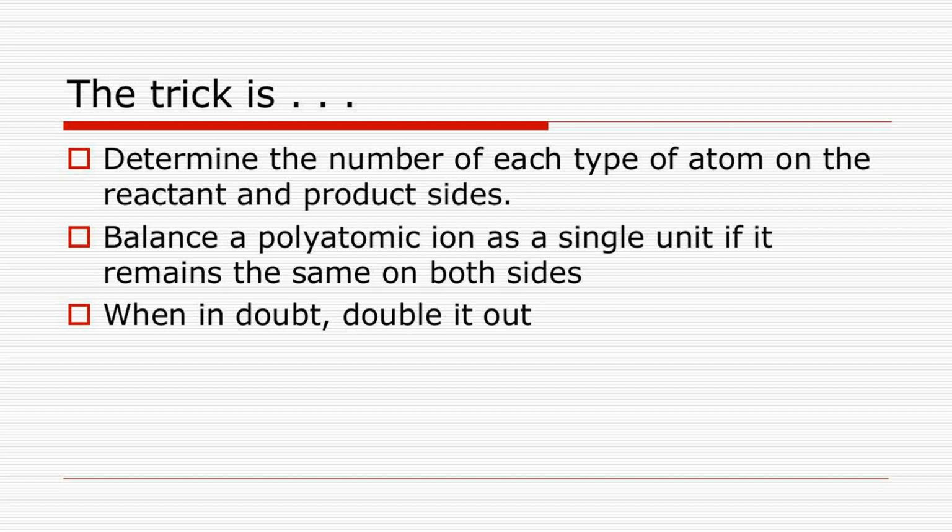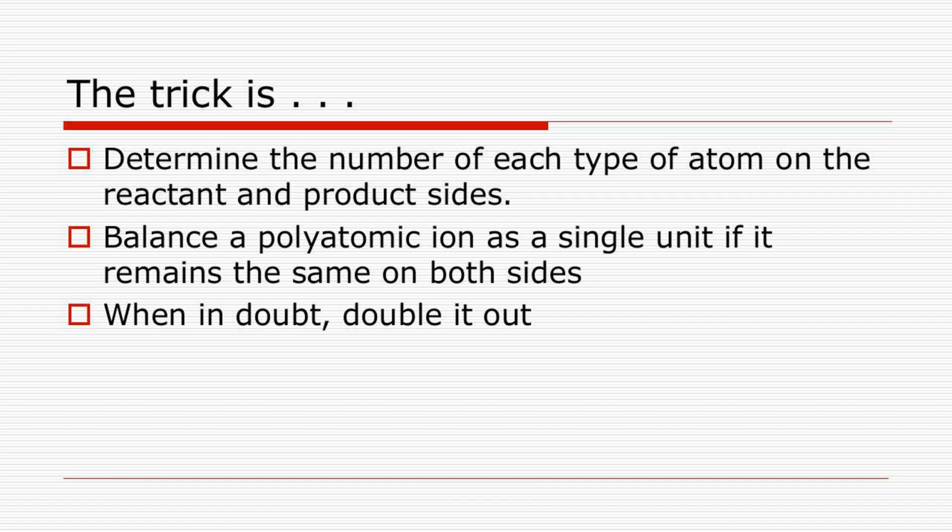so when we're doing this, the trick is to determine the number of each type of atom on the reactant and product side, and then if we ever have any polyatomic ions, we're going to treat that as one unit if the polyatomic ion stays the same on both sides.